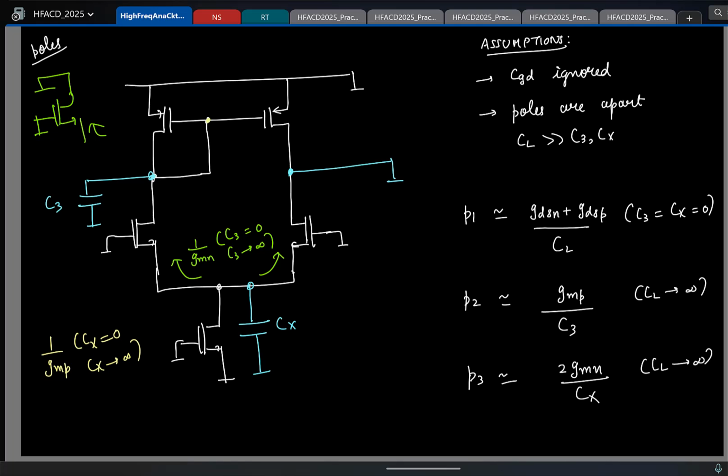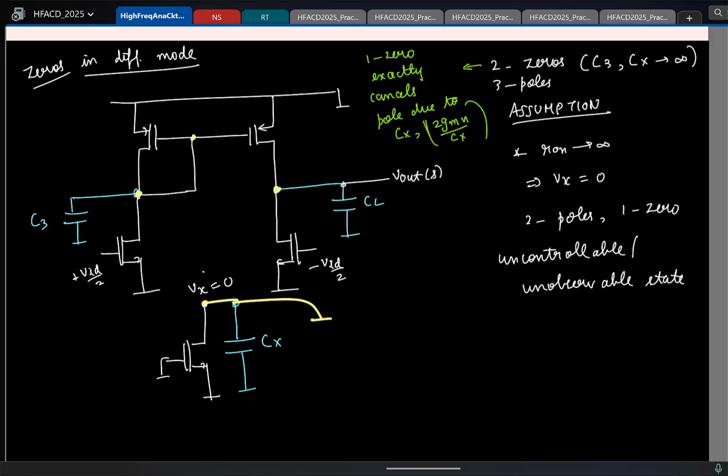This is fine. Okay, so then here we calculated the poles and then we looked at the zeros in the differential mode transfer function. Strictly there were 2 zeros, but if I ignore the R0 of these NMOS transistors, the common source potential became 0. So it looks like Cx is not playing any role. But when I mentioned that if you calculate the 2 zero locations here and tend R0 of the NMOS to infinity, you will find one of the zeros will exactly cancel the pole due to Cx, and the pole-zero cancellation happens.